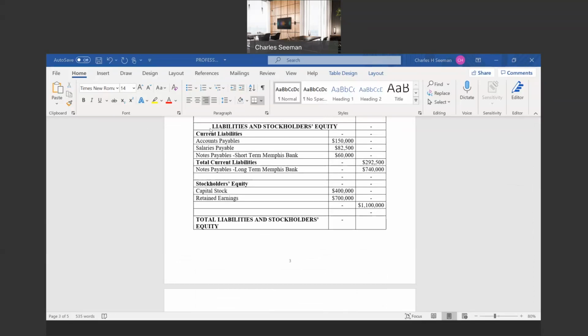Then you add the current liabilities, the long-term liabilities, and the stockholders' equity section all together. So that's 292.5 plus 740,000 plus 1,100,000. And you get 2,132,500.